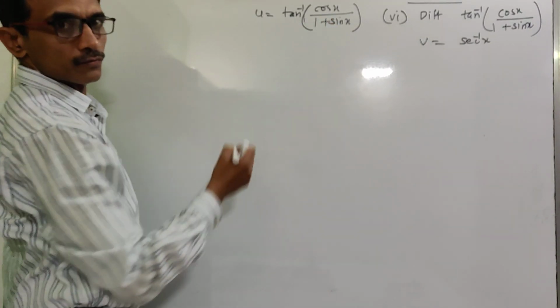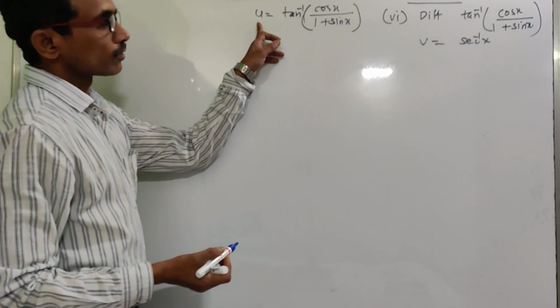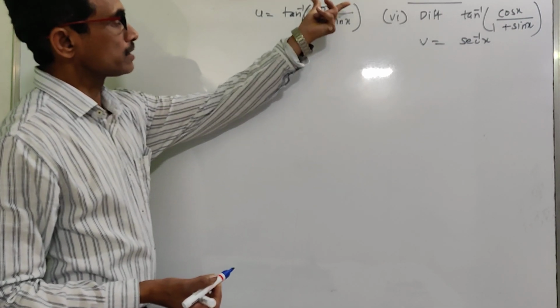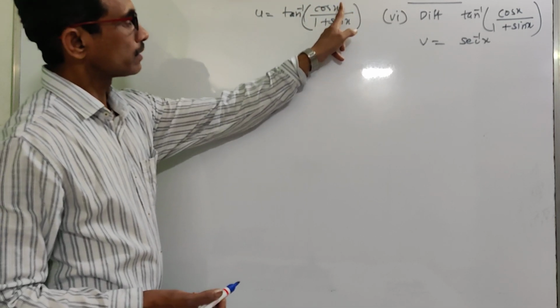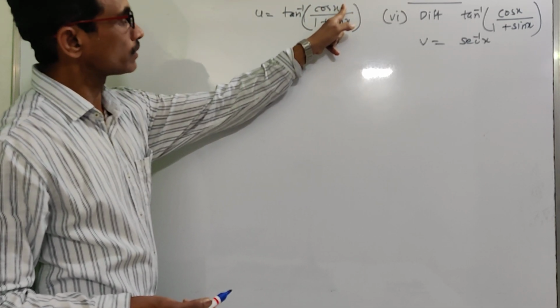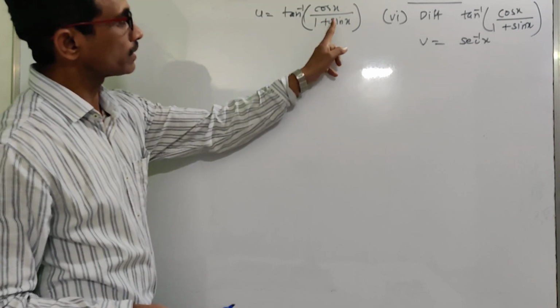du by dx we find. So before finding du by dx, see inside the bracket we have cos x upon 1 plus sin x. We know the formula cos x is equal to cos square x by 2 minus sin square x by 2.